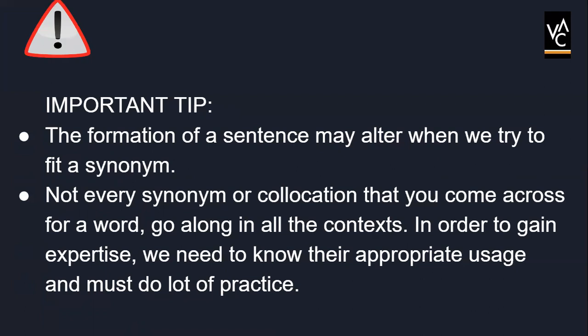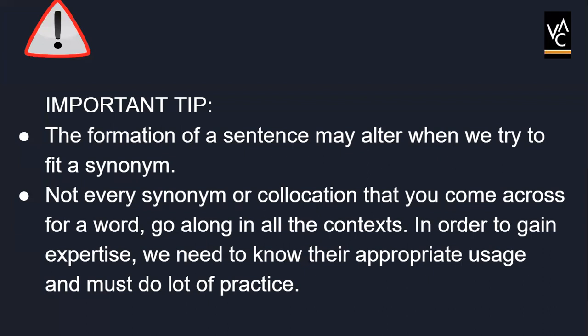The second tip is not every synonym or collocation that you come across for a word goes along in all the contexts. In order to gain expertise, we need to know their appropriate usage and must do a lot of practice. Yes, guys. So when you browse for some synonyms on Google, you might find 10 synonyms for a word.